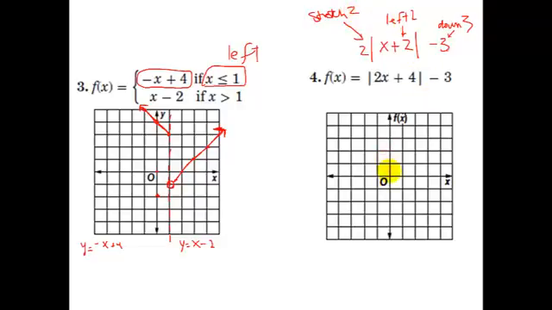So first, we know that the vertex of the V-shaped absolute value function normally starts at the origin, but I'm going to go left 2 and down 3. So left 2, down 3. So now I'm going to start right here. Normally, my V has a slope of 1 over 1, up 1, but because of this factor of 2 right here, I'm actually going to go over 1 up 2, over 1 up 2, over 1 up 2, over 1 up 2.